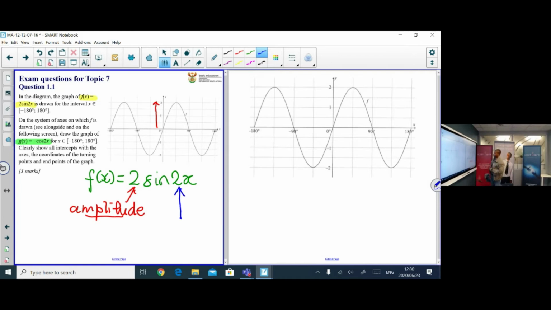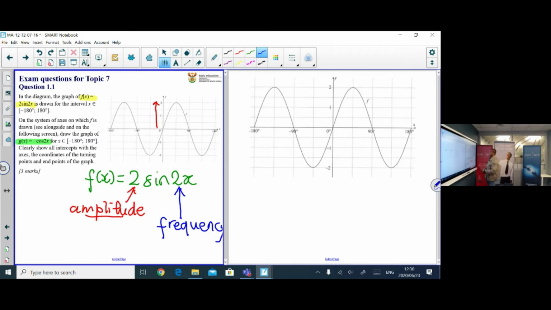So this 2 affects what we call the frequency. Your frequency is the part of the graph that tells you how fast or slow the graph is moving.